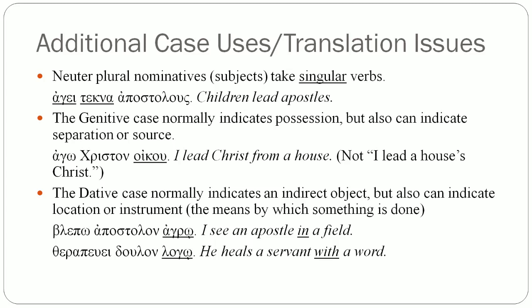I've heard it said that it's probably because Greeks thought of neuter words as not personal, and so a plural of them is almost like a collective. You think of it as like a collective gathering, and so they put it as a singular. I don't know if that's the case, but it is a definite rule. That is something that will happen.